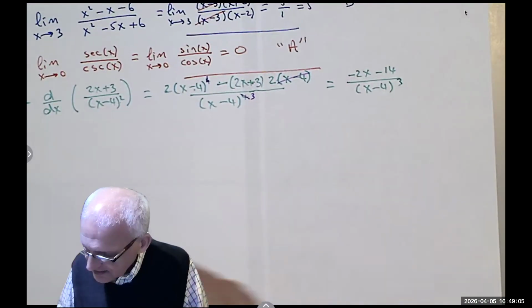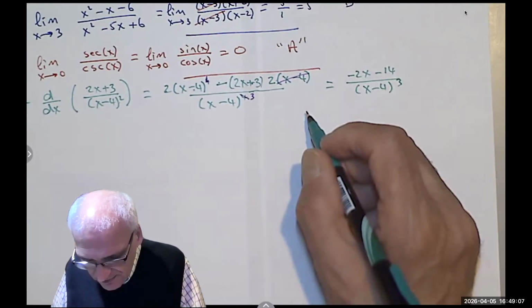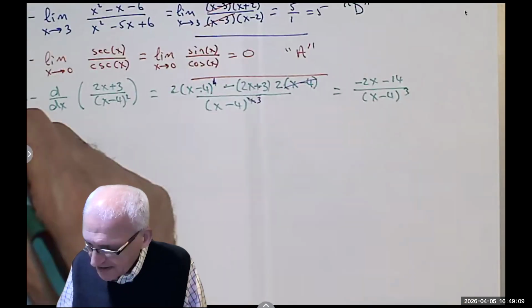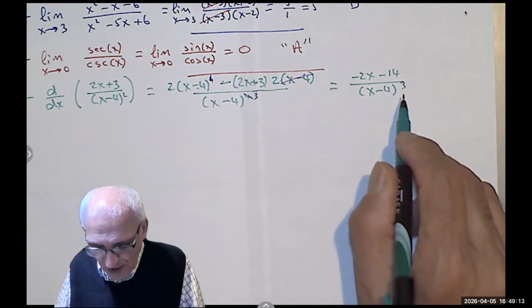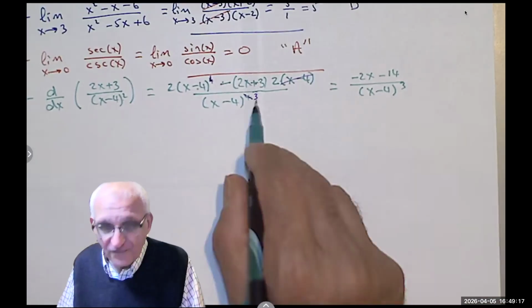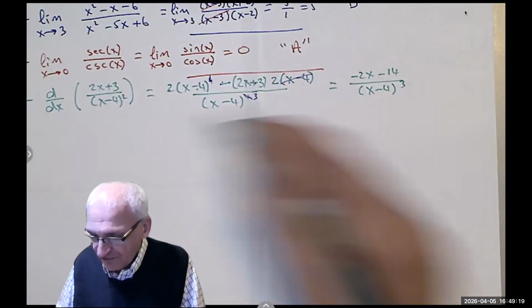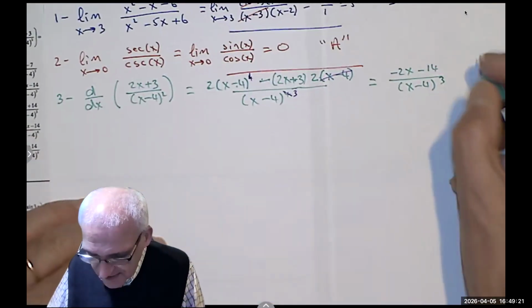It should be over cubed. So it's B: negative 2x minus 14 over x minus 4 cubed. Notice that they give you the same numerator, but over x minus 4 to the 4, so if you forget to simplify, that's a trap. The answer is basically B.